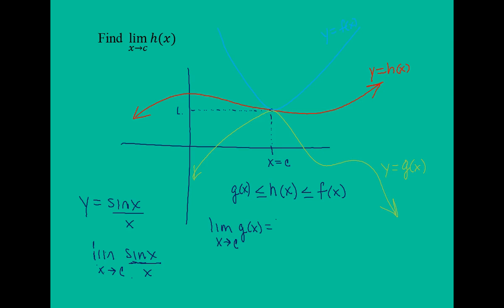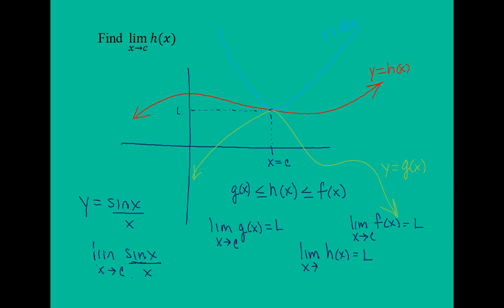So let's say we found that to be L. And we know how to find the limit of f of x as x approaches c, and we find that to be L. Since h of x is always between g of x and f of x, we have squeezed that limit to be between those two, but if they both equal L, we know this limit also would have to equal L.